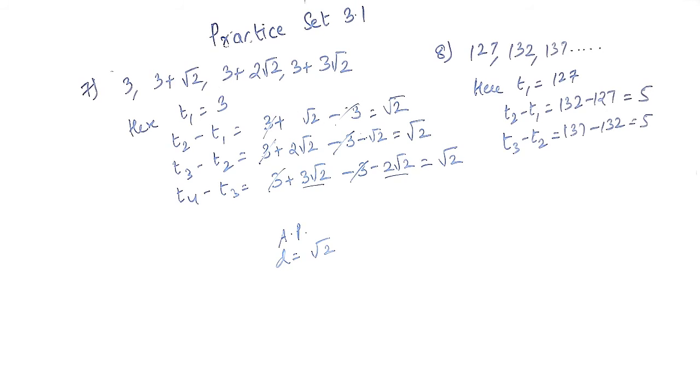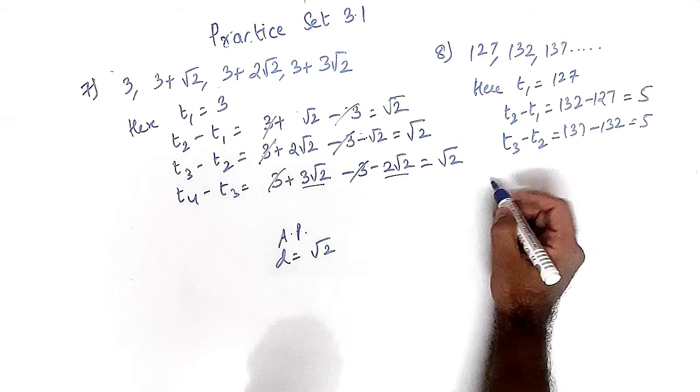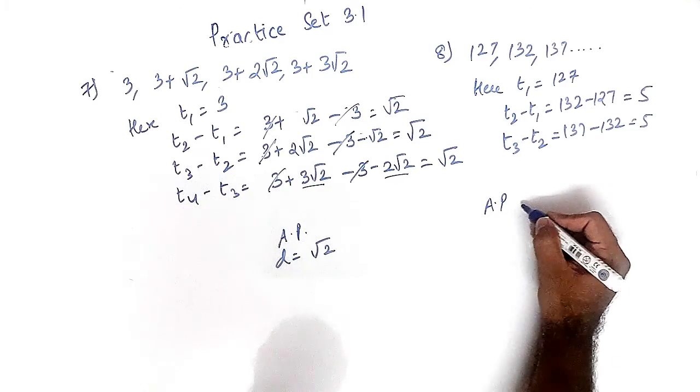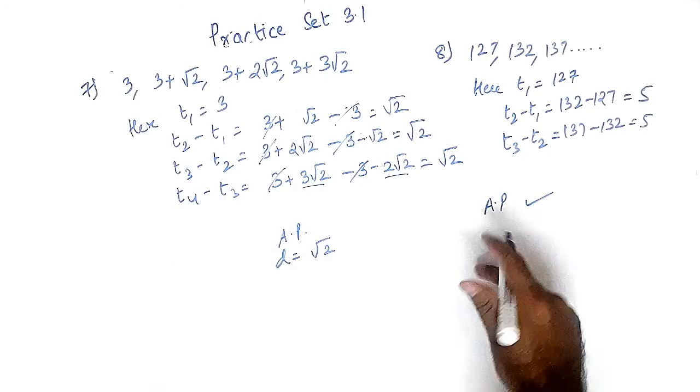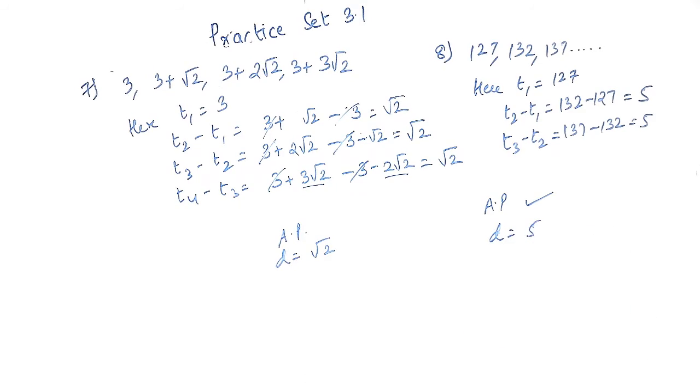Okay, so here now T3 minus T2 also you are getting the same. So here also you can see the difference between the two terms is constant, so this is also an AP. And what is the common difference? Common difference is D equals to 5. Okay, so we are done with question number 1.